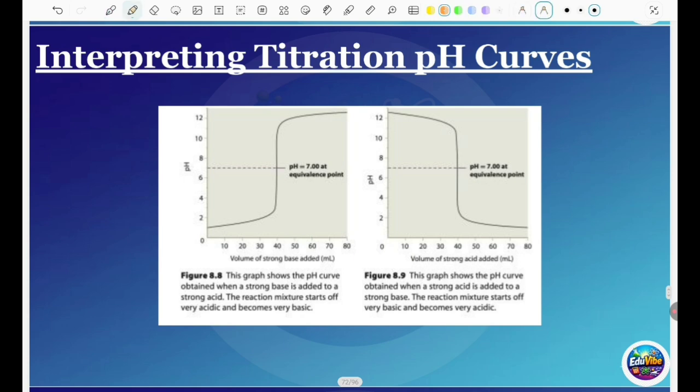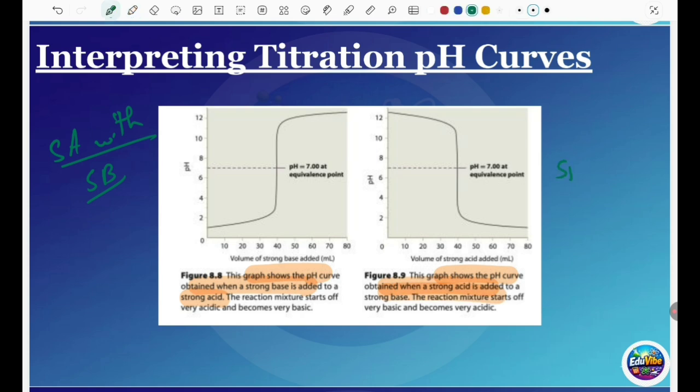This graph shows the pH curve obtained when a strong base is added to a strong acid, which means you do the titration of strong acid with strong base. And this graph is given for the pH curve obtained when a strong acid is added to a strong base.